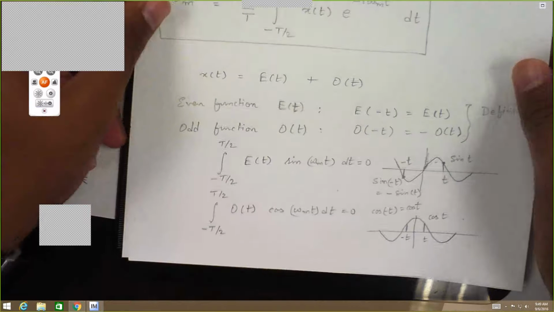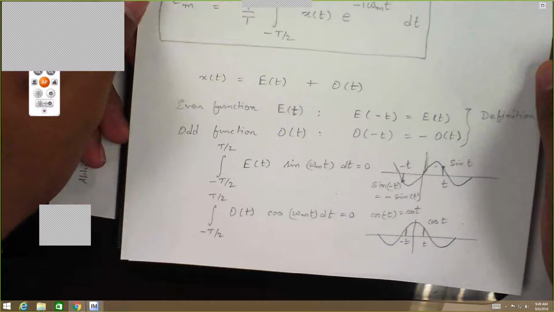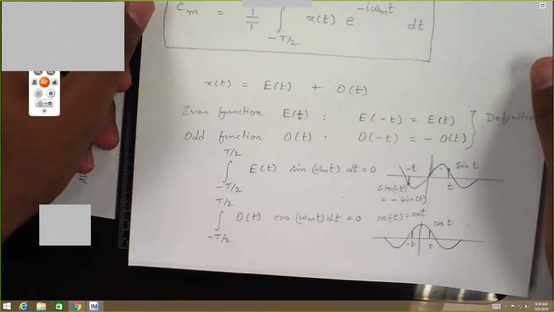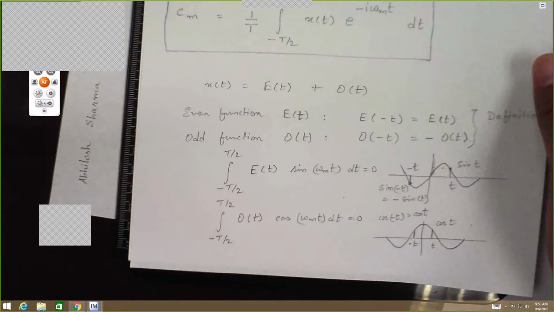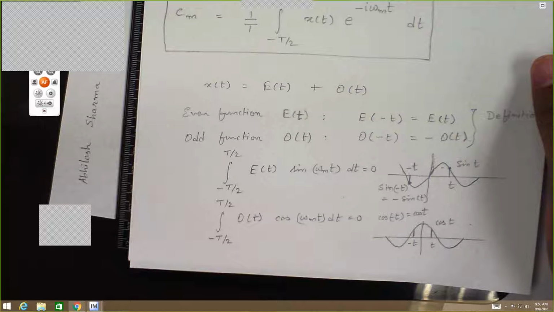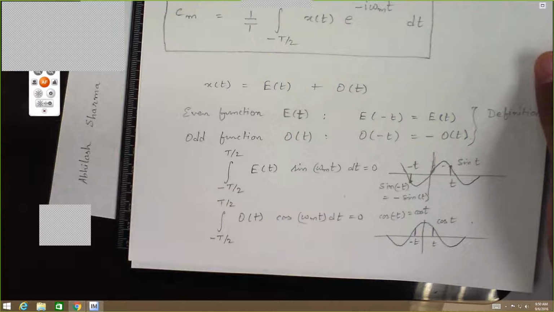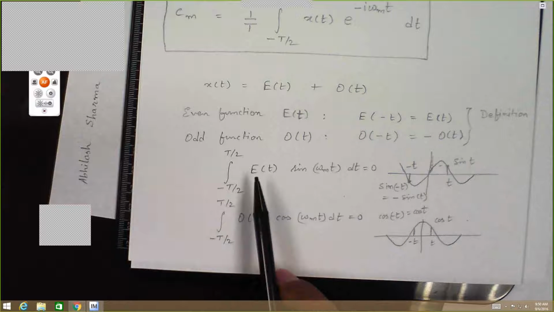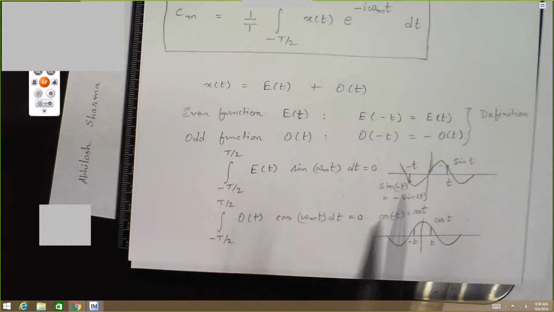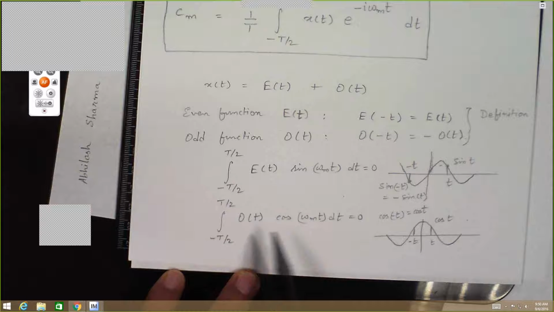Finally, we talked about how a function can be expressed as a sum of an even and odd function, and then how this can help us with some of the calculations of these integrals. It can help us simplifying some of these integrals, because we know that the even part of the signal times sine of omega t when integrated from minus T by 2 to T by 2 will always be 0. Similarly, the odd part multiplied by cosine of omega mt will always be 0 when integrated.